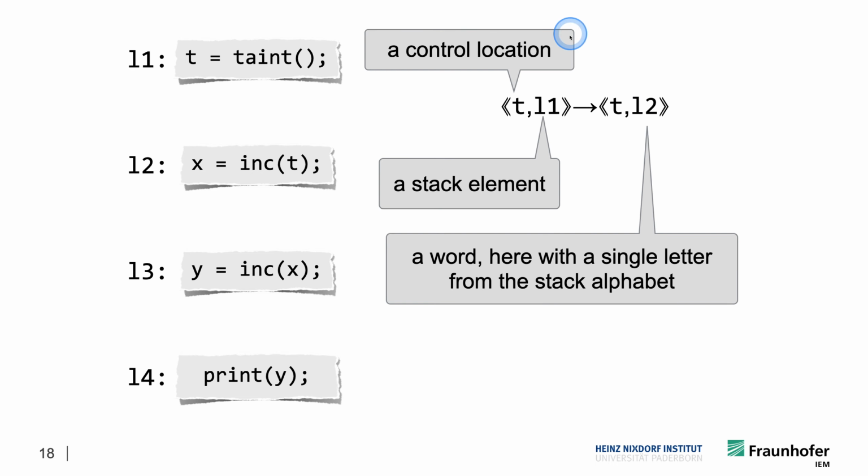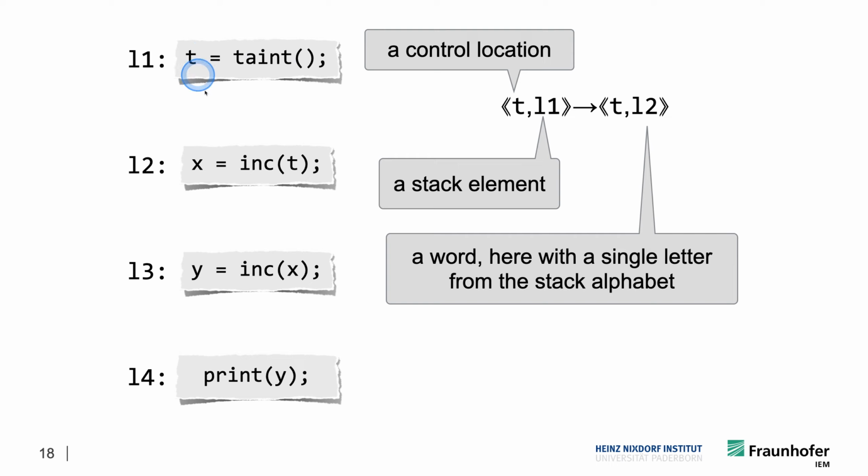And essentially, like I said, you then have a control location here on the left-hand side. You have a stack element here, a single stack element, this line 1. And then here we essentially have a word from the stack alphabet, except that here it's only a single letter word denoting line 2 and only line 2.